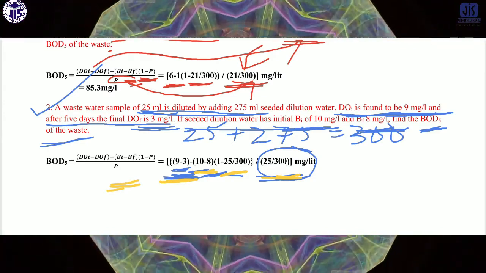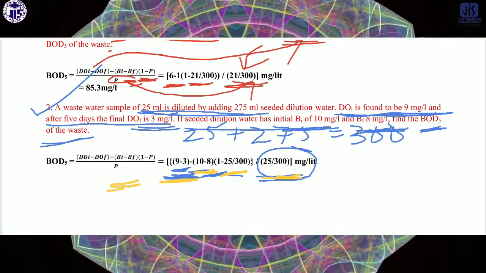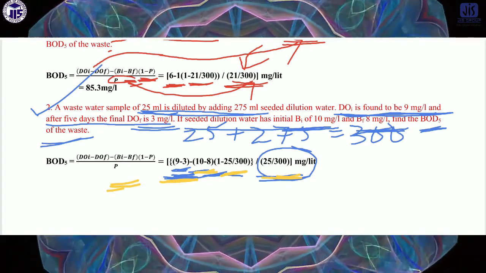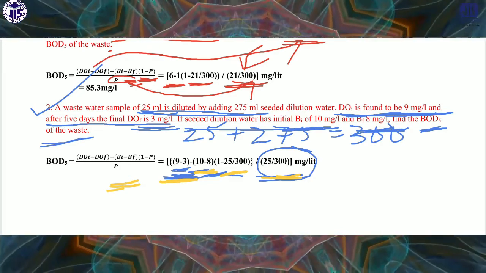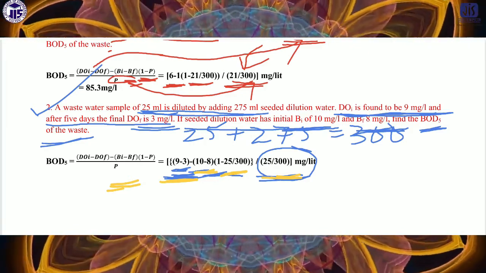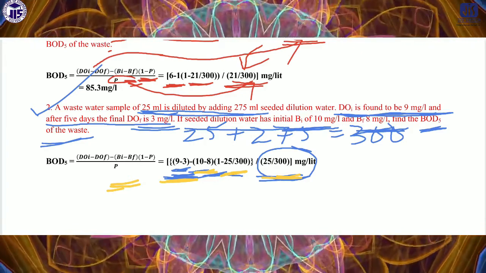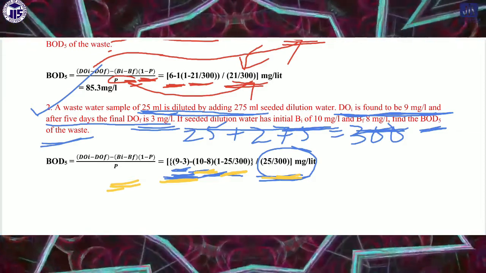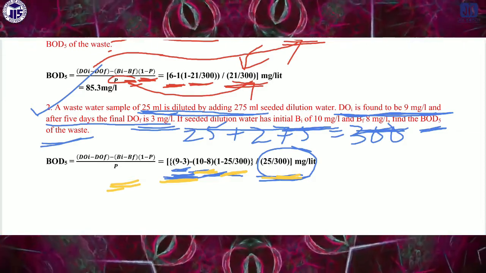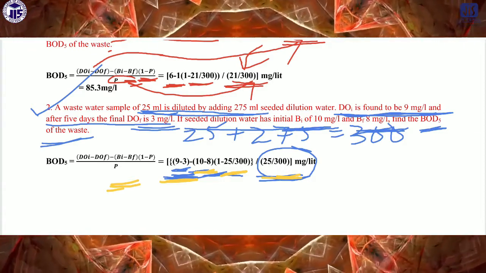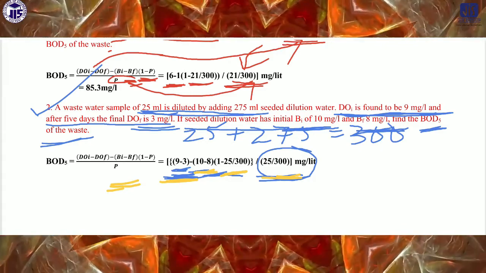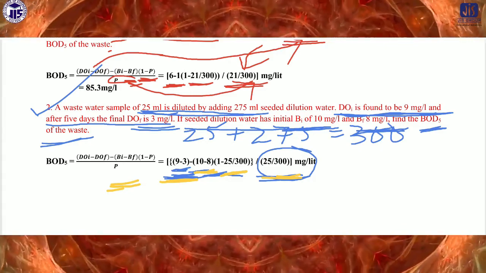So you have to practice a lot of this type of numerical problems from any of the standard books. Otherwise, if you do not solve the numerical problems, it will not be possible to understand properly. That's why here I am discussing the numerical problem such that your understanding should be clear.